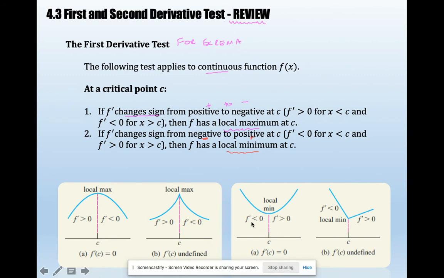Notice in both cases, this illustration shows where the first derivative is equal to 0 or where the first derivative is undefined. That's just your suspects. The important part is that your derivative changed from positive to negative, or your derivative changed from negative to positive.